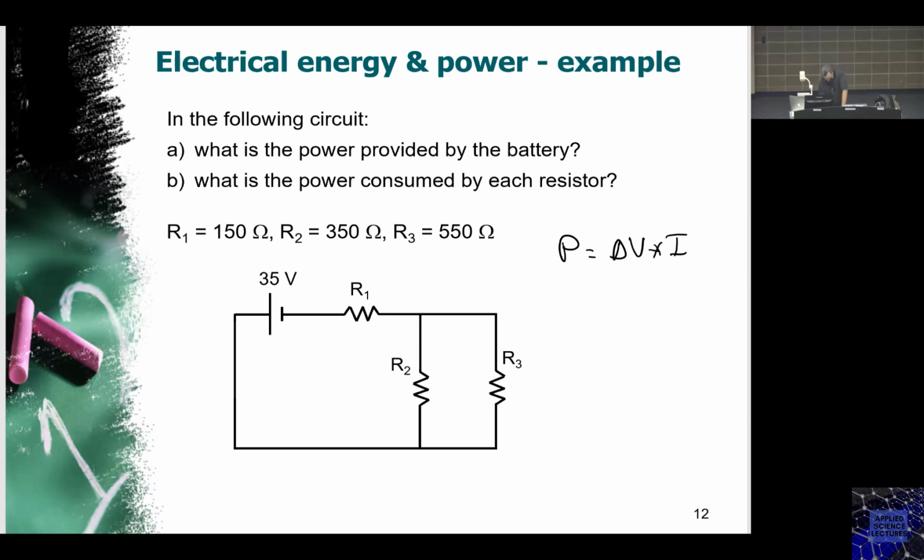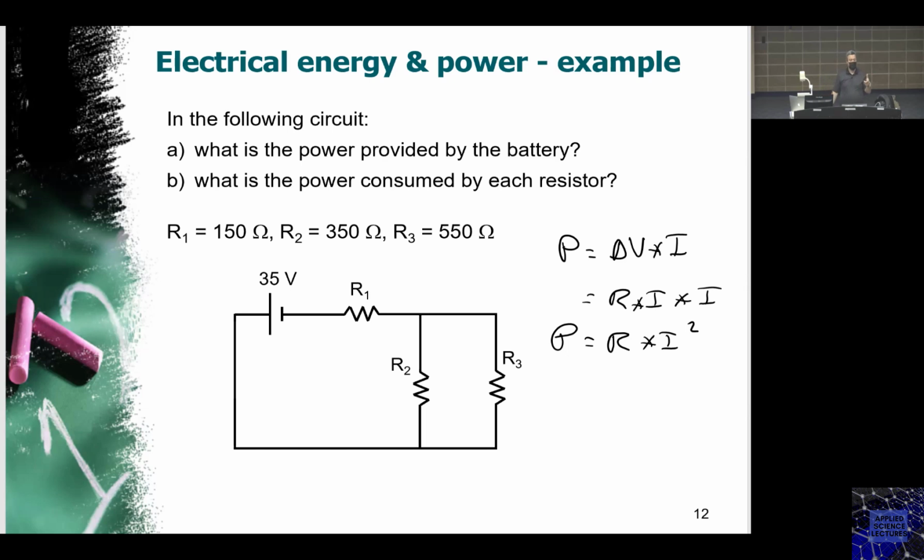Fine. If I substitute this delta V with R I, so what do I get? I get a second expression, which is finding the power in terms of the resistance and the current only. So in this case, power would be R I squared.